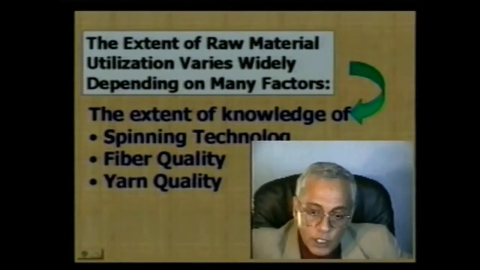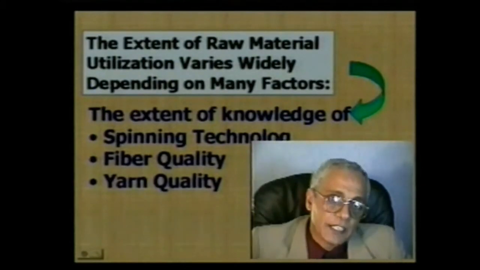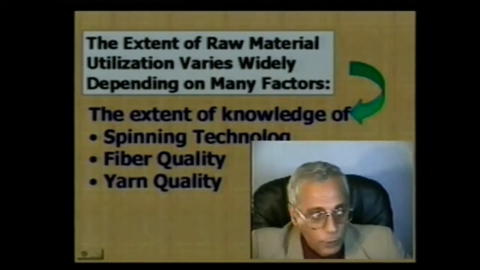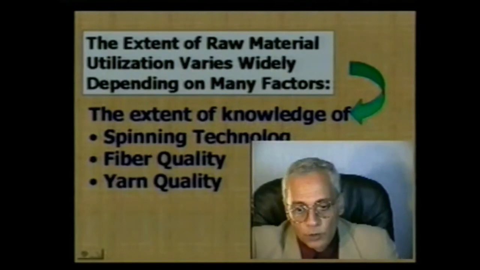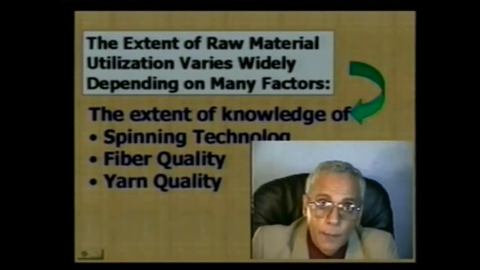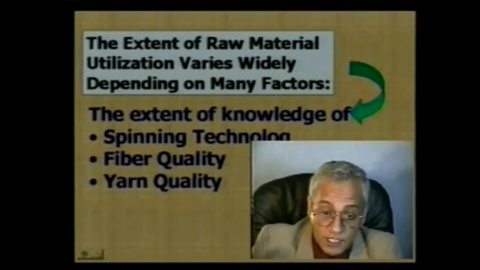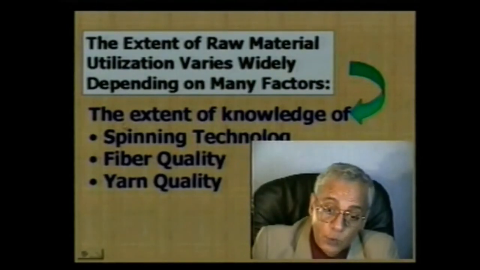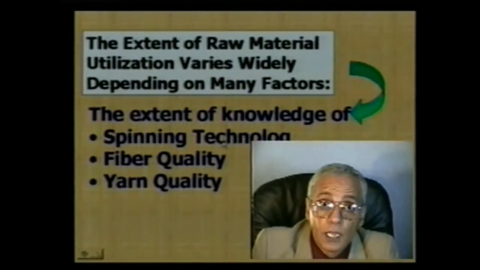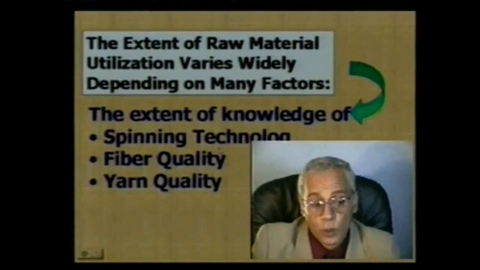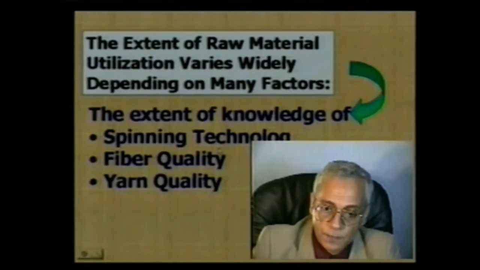Now, these three issues are discussed in great detail in this course. We will talk about spinning technology, fiber quality, and yarn quality. These are separate chapters, and some of these chapters will actually take many hours to fully cover all the materials in these chapters.